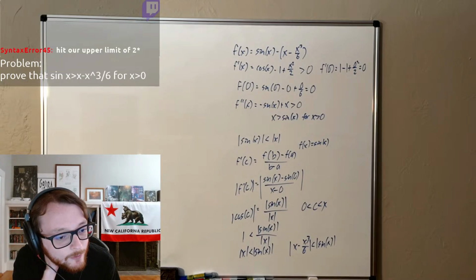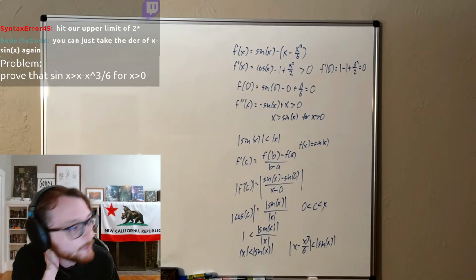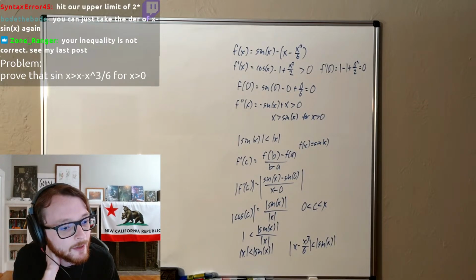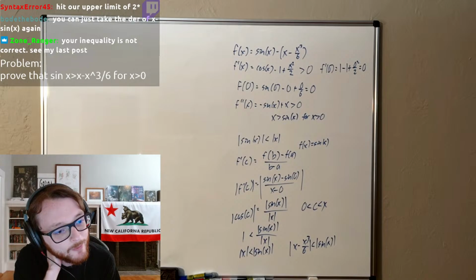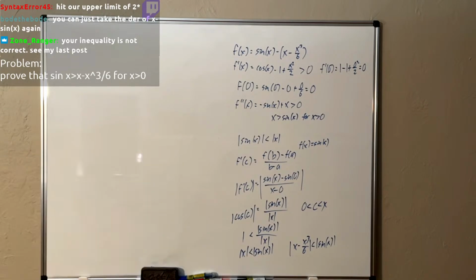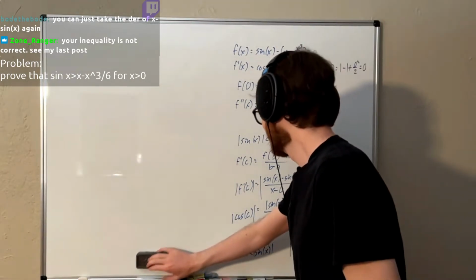My inequality is not correct? Oh, I thought cosine. It's because I'm writing in the wrong order. But doesn't that give us an inequality going the wrong way? No, shoot. I had it right the first time. Oh my god, yeah. Ugh.